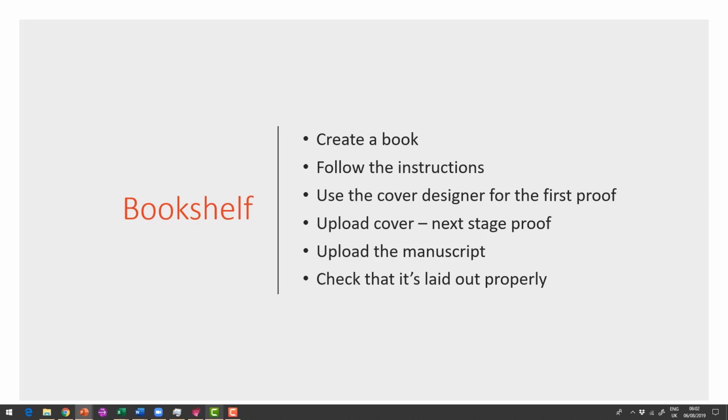What I advise for a proof book is to use the cover designer that's in KDP. It's not very attractive. However, what we want is to get the book back so that we can proof it. And the other thing that may happen is that while we're in the proofing stage, the number of pages may change.